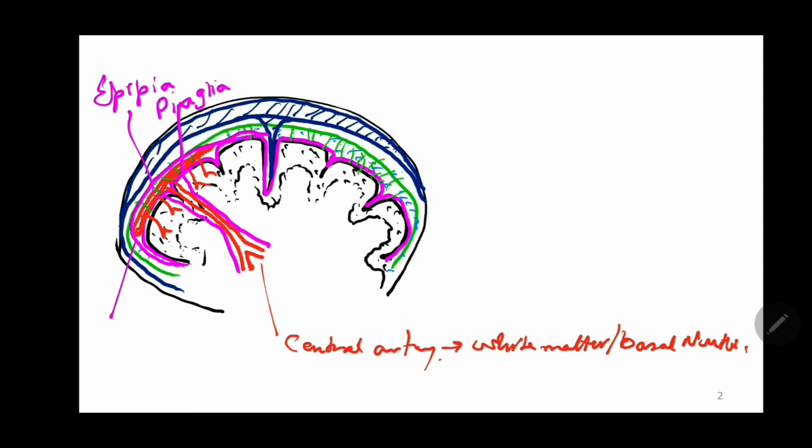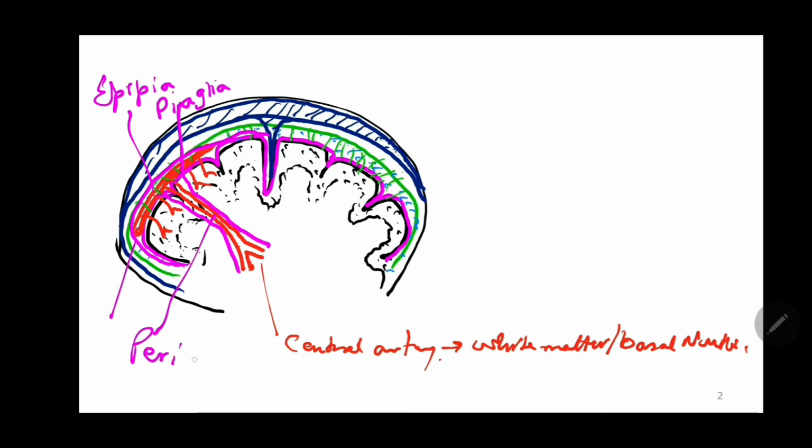So these central blood vessels, when they reach deep into the medulla, or you can say the white matter of the cerebral cortex, wear the pia mater as a sheath around them, and this sheath is called the perivascular sheath.